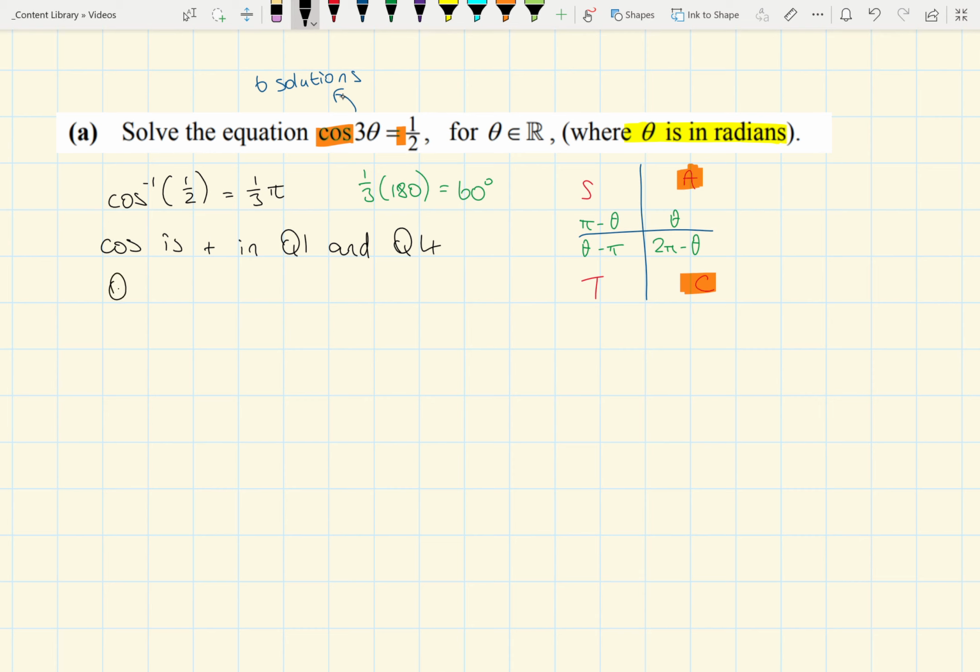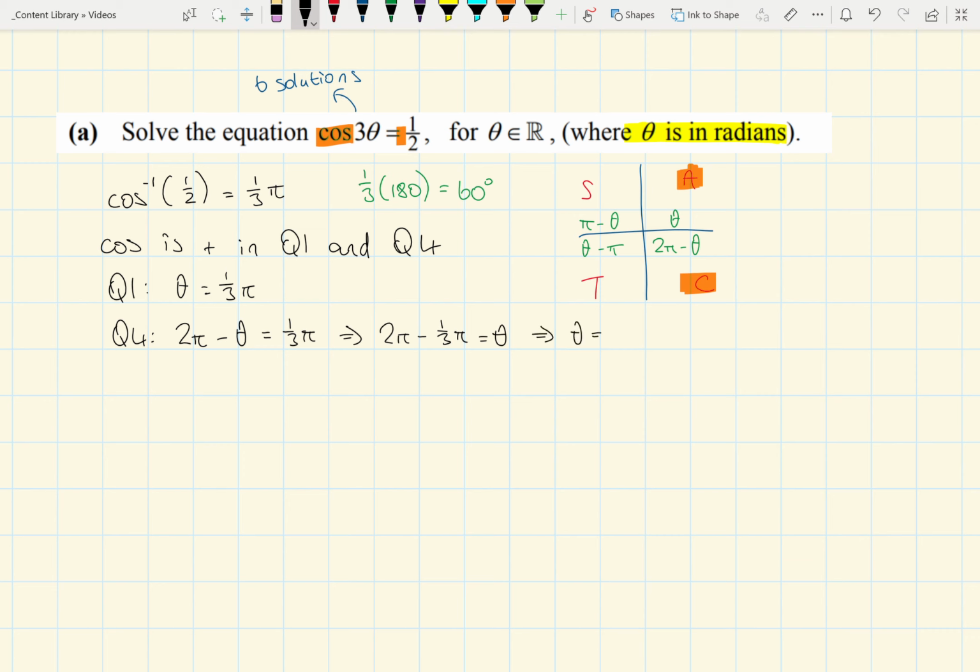So for Q1, our angle is equal to 1 over 3 pi, and for Q4 we have 2 pi minus theta is equal to 1 over 3 pi. That gives us 2 pi minus 1 over 3 pi is equal to theta.